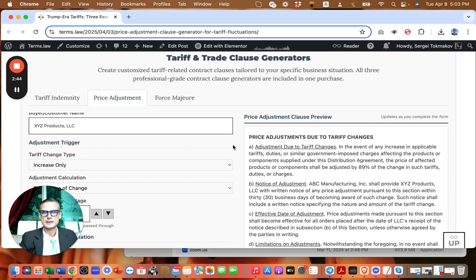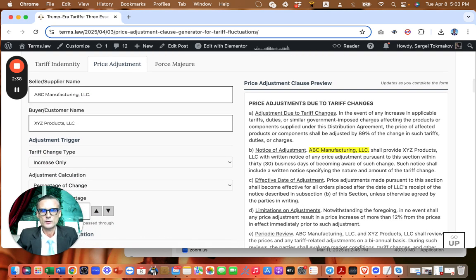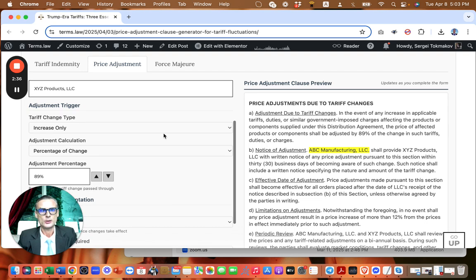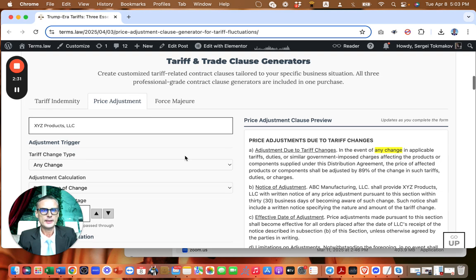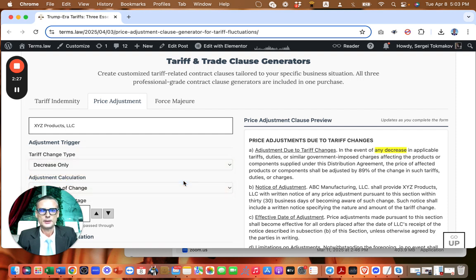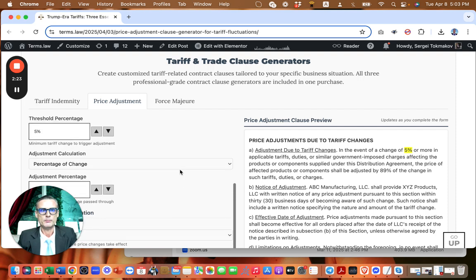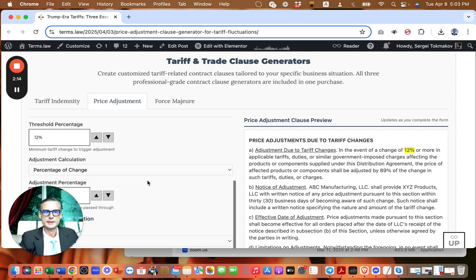The price adjustment, everything is straightforward. You enter the name of the companies, they get in yellow highlights. You choose whether any change in tariffs is going to be affected, increase, decrease, or it's a threshold-based percentage that will trigger the adjustment, and you can enter what that percentage is.